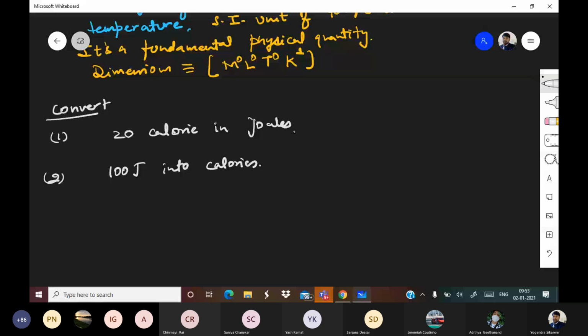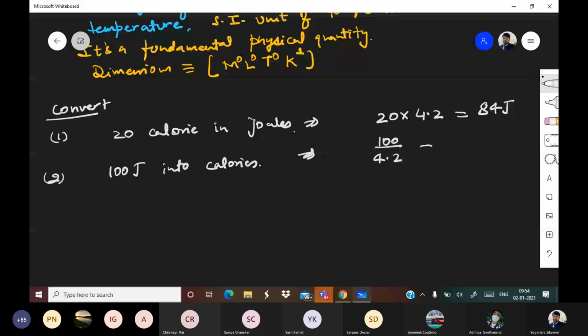So for the first one, 20 calories. So 20 into 4.2, and that comes out to be 84 joules, right? Now for the second case, it is 100 joules, so 100 upon 4.2.